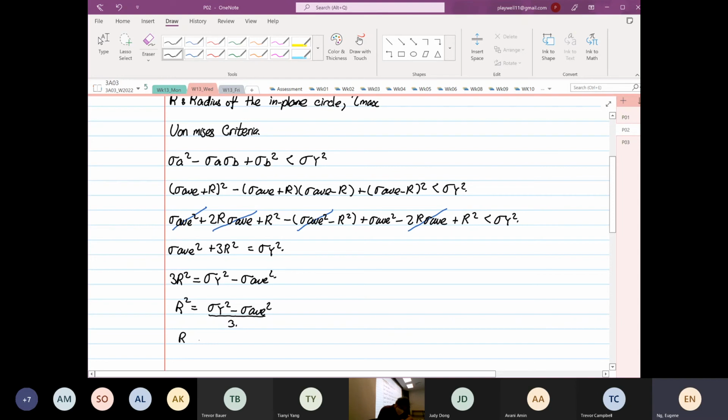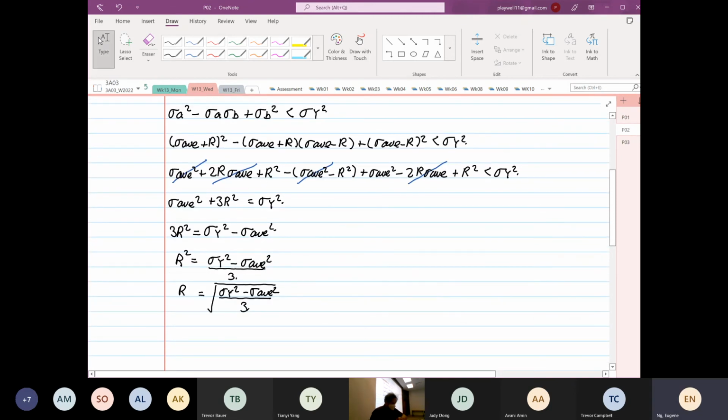So our r is equal to stress y squared minus stress average squared, divided by 3. Okay, so now we can find our radius. Okay, so now we can find the radius of our Mohr circle.